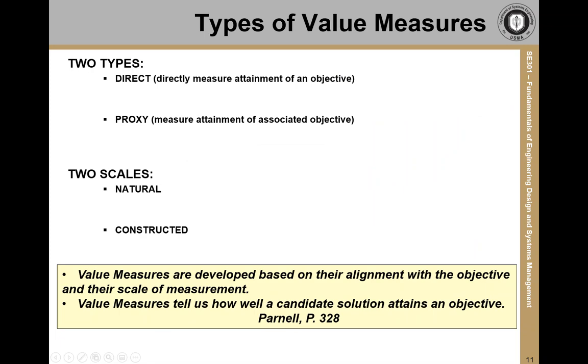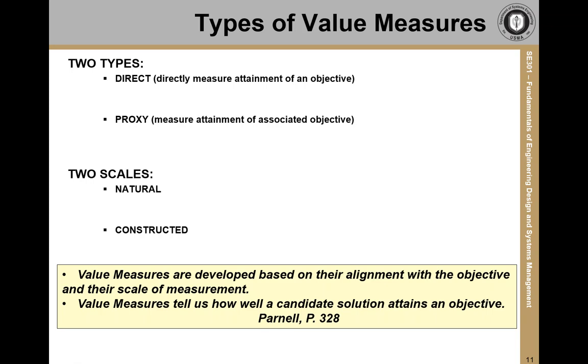Now, when we talk about value measures, we can put them in 4 different buckets. We have 2 types of value measures and then 2 scales for value measures. Our first type would be a direct value measure.